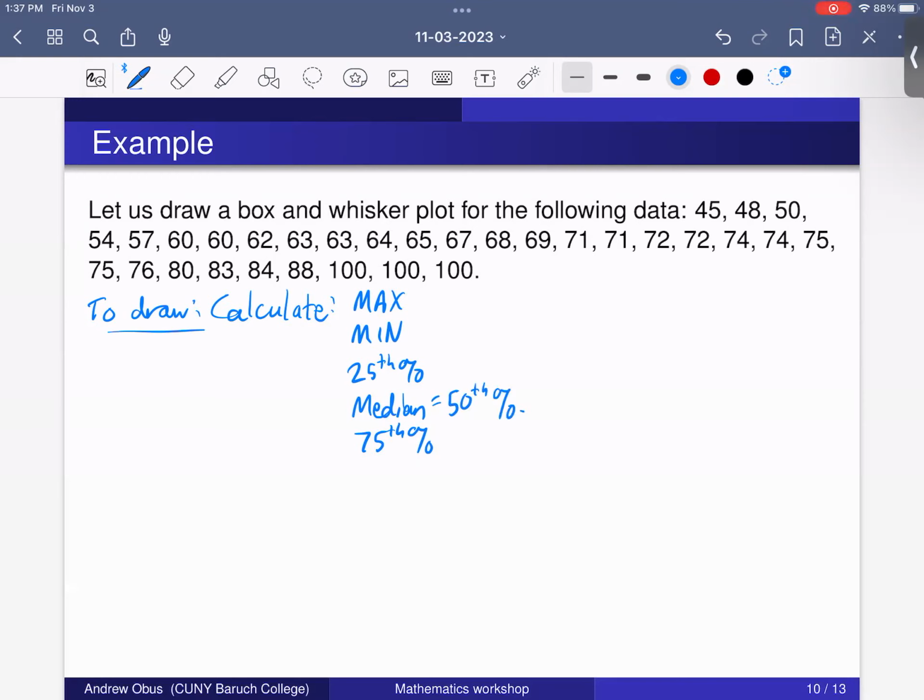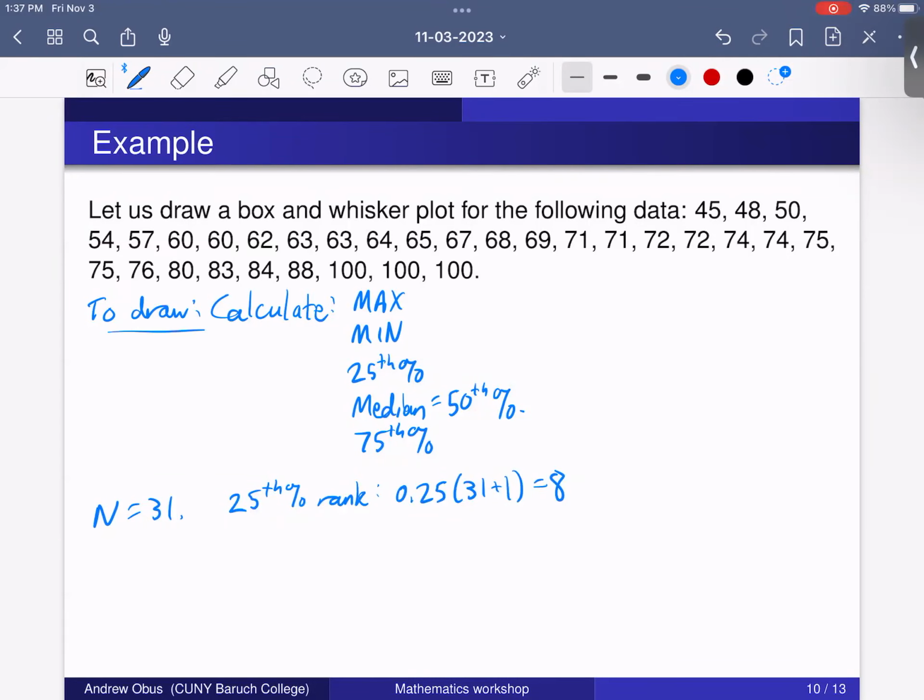Let me do this fairly quickly. I'm just going to tell you here that n is equal to 31, so there are 31 measurements here. If you remember our percentile formulas, for the 25th percentile rank you take 0.25 times 31 plus 1, which is equal to 8.